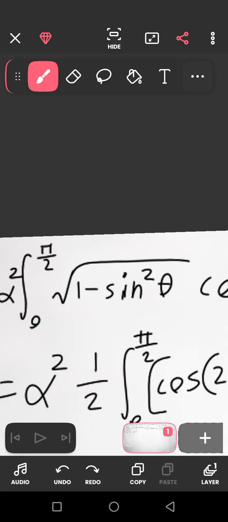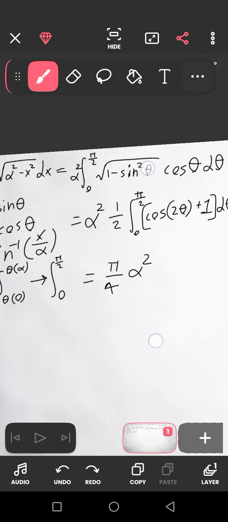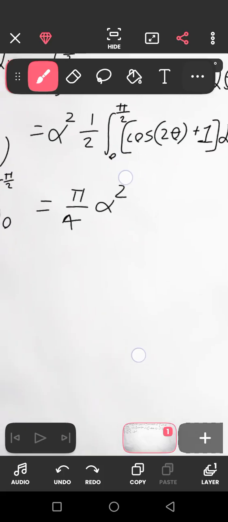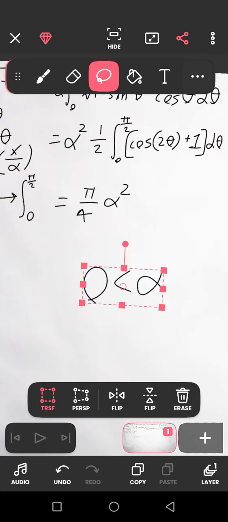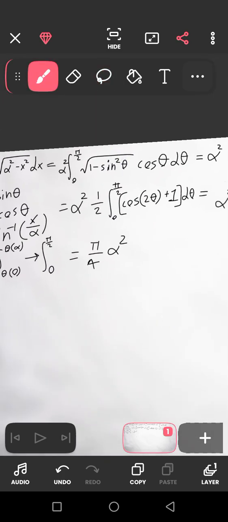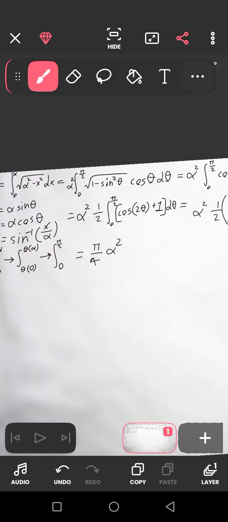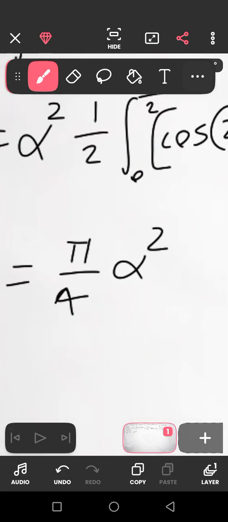I moved the square root of a squared outside of the integral and turned it into just a, instead of the absolute value of a, because I'm doing this for a bigger than 0. Why? Because in the real world, length cannot be negative. It's impossible.